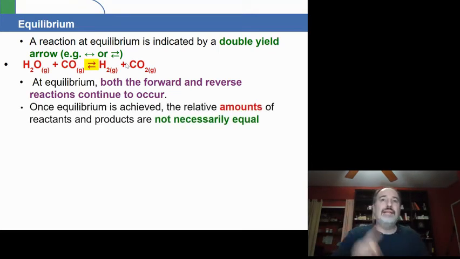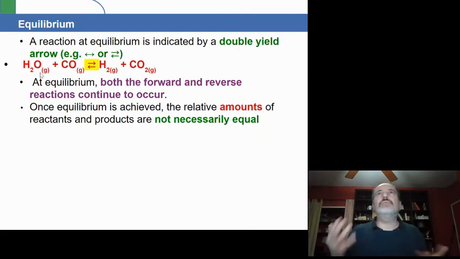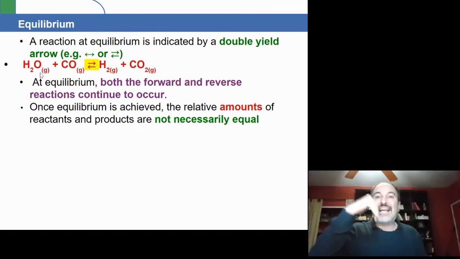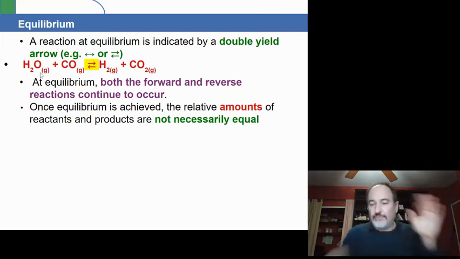All right. And something else that people don't quite grasp. Once equilibrium is achieved, the relative amounts of the reactants and products are not necessarily equal. Okay? Once it has achieved equilibrium, the amount of hydrogen and carbon dioxide doesn't necessarily have to equal the amount of water and carbon monoxide. Thinking that they have to be equal is like saying the only way you're going to reach equilibrium going up a down escalator is exactly in the middle, halfway up and halfway down.